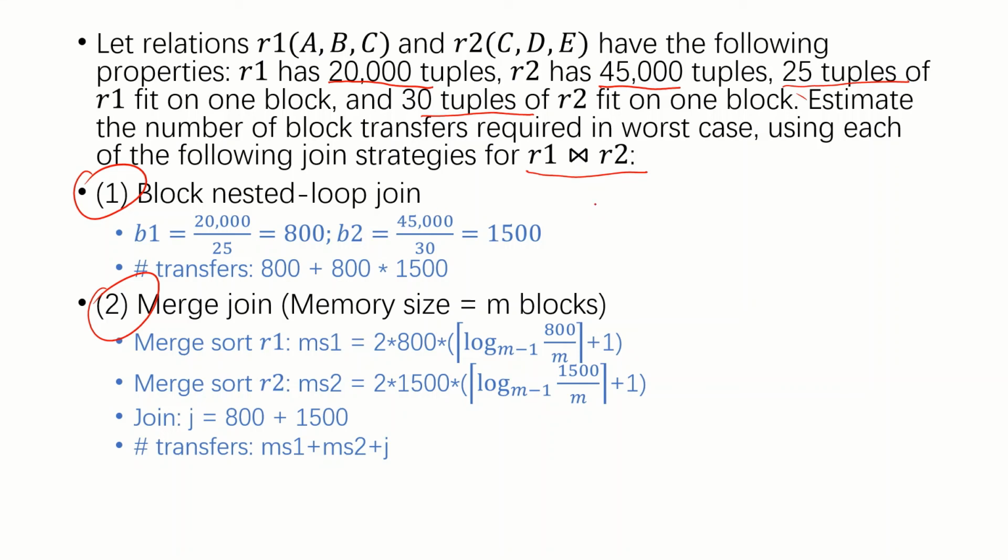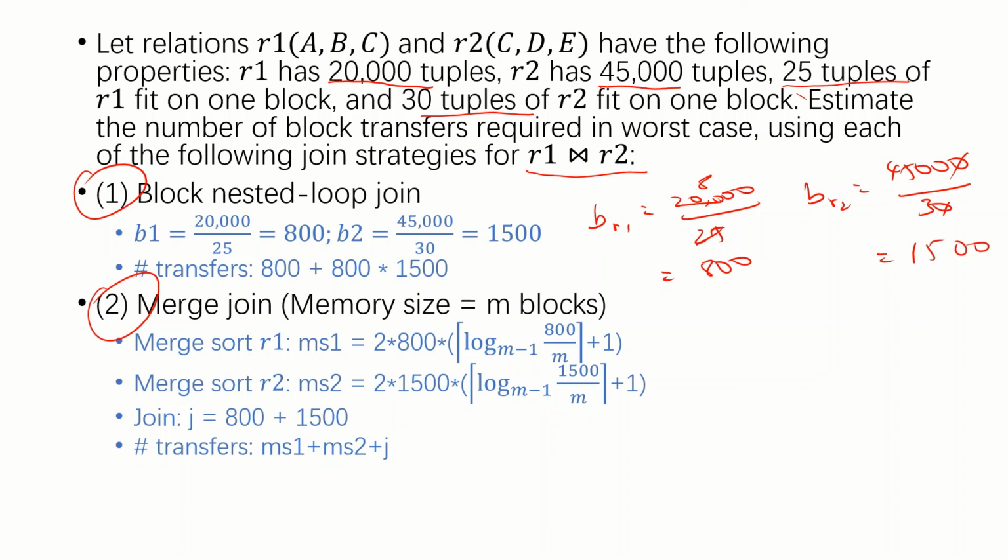We know that there are 20,000 tuples there, and because 25 tuples fit into one block, we divide by 25, and this gives us 800. For R2, it is 45,000 divided by 30, because 30 fit into one block, which equals 1500. So I know BR1 is 800, BR2 is 1500.